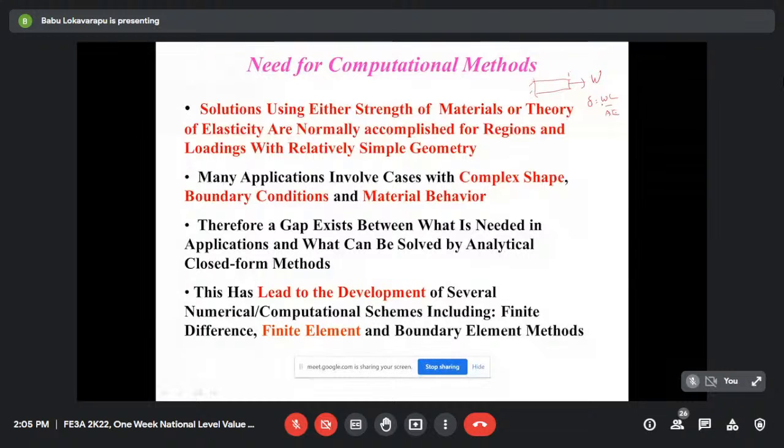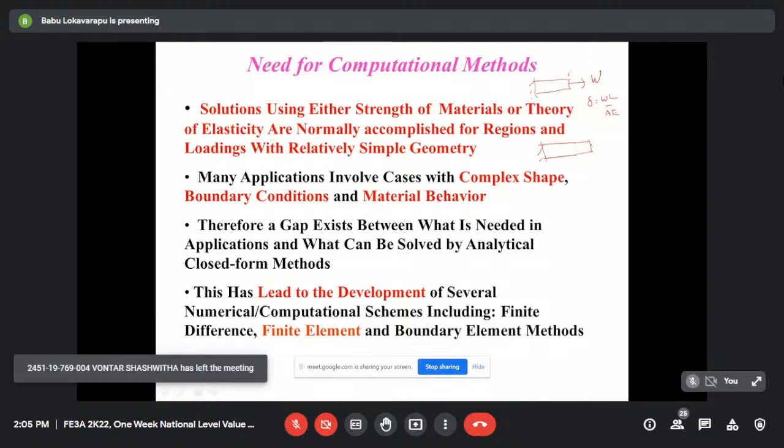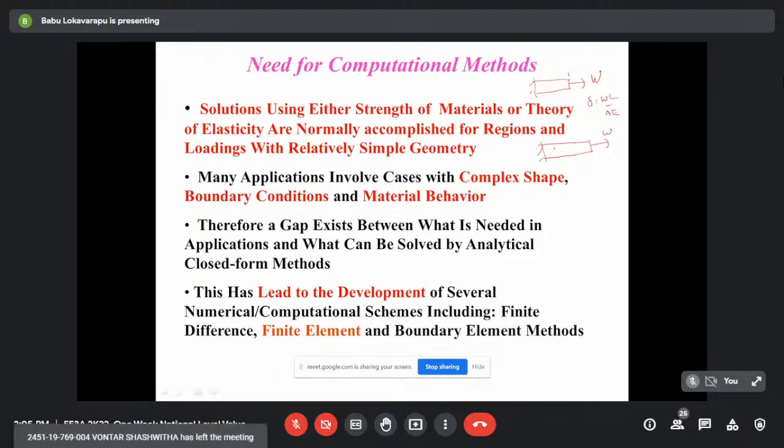Whereas for the same problem, if it is like this, you have a load at the end, but there is a hole here, there is a hole you are providing here, and there is a notch here. Then this geometry becomes complicated. Why? Because you are providing two holes in the material and also a notch.